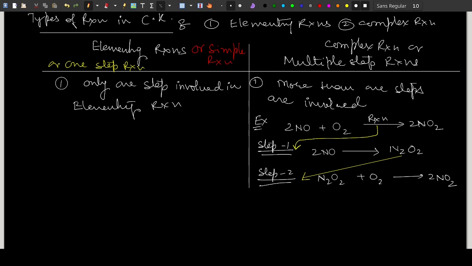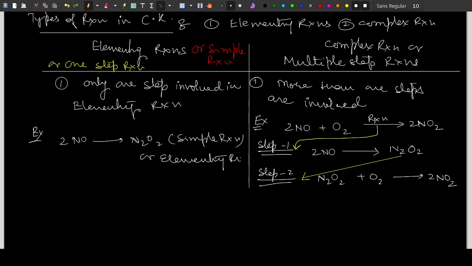Here we can take any one step as an example. Suppose 2NO gives N2O2. This is a simple or elementary reaction. This is example number 1.